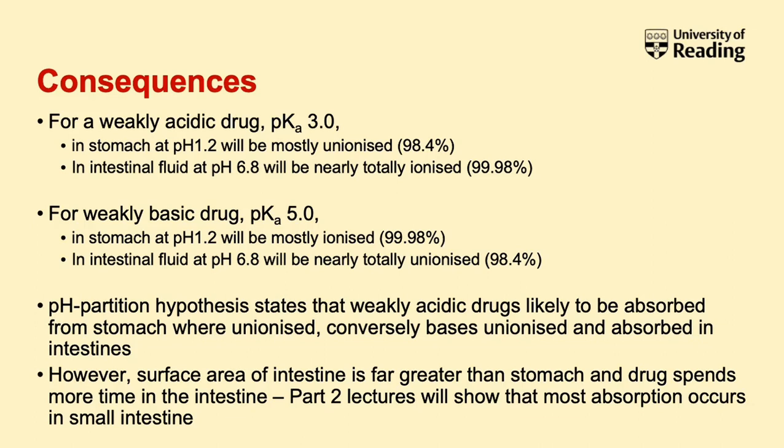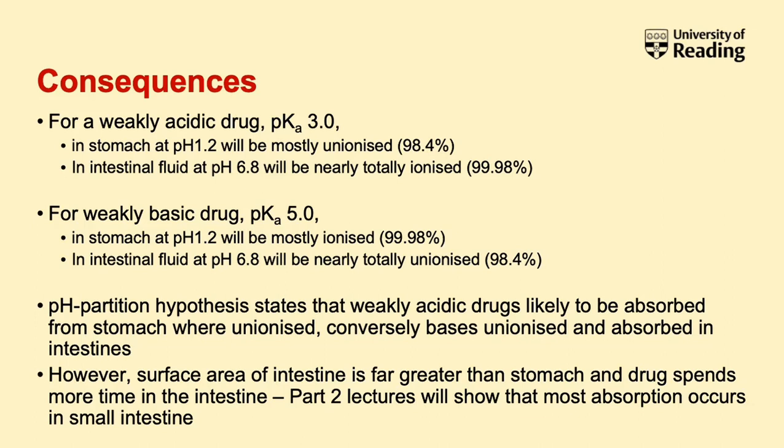So the pH partition hypothesis states that weakly acidic drugs are likely to be absorbed from the stomach, where the unionized form is more dominant, and conversely, basic drugs are unionized and will absorb in the small intestine.